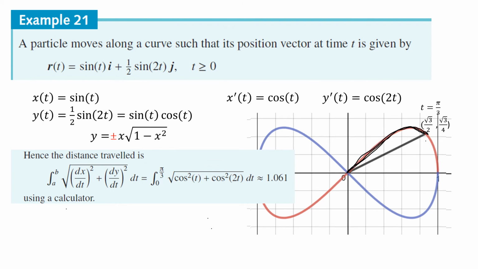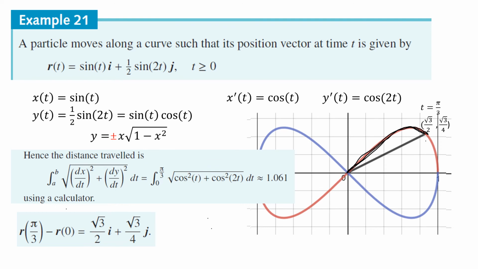Then we have to work out the shortest distance from t equals 0 to pi on 3. Of course, it would be given by that straight line, so clearly a straight line function. We can come up with the vector that describes that change in position. How do we do that? It's position at pi on 3 minus position at 0, and its position at 0 is just the origin.